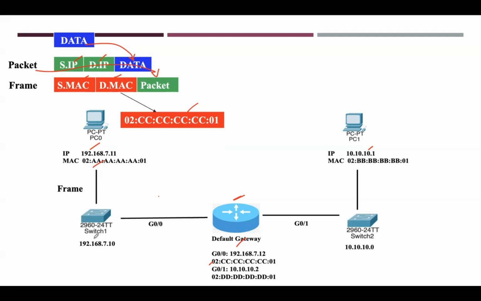Okay, this complete part is one network, whereas the other side of the default gateway is another network. You can see the IP address also, right? The IP address of this PC0 is 192.168.7.11, whereas the switch also starts with 192, and the default gateway, which is a virtual interface, here also you can see 192.168.